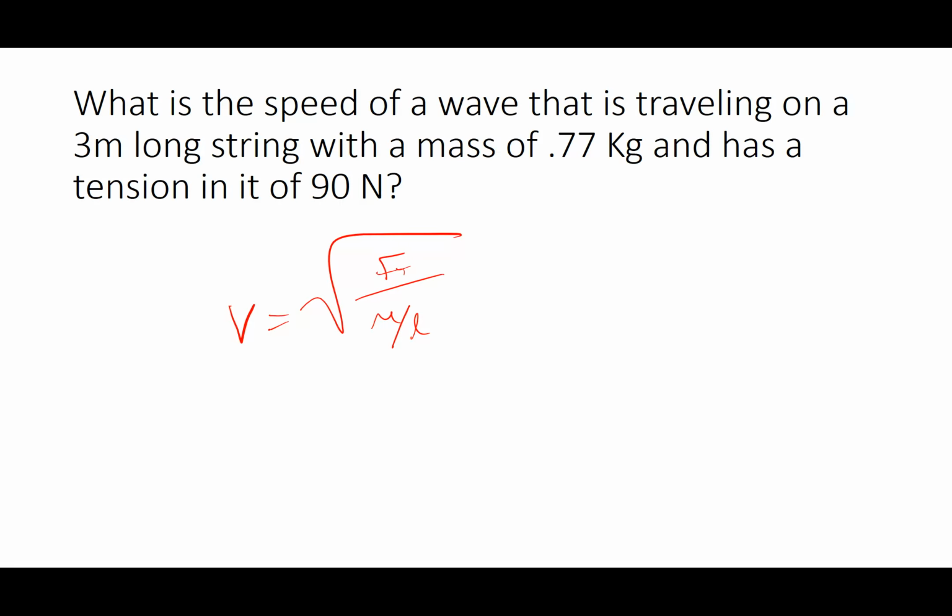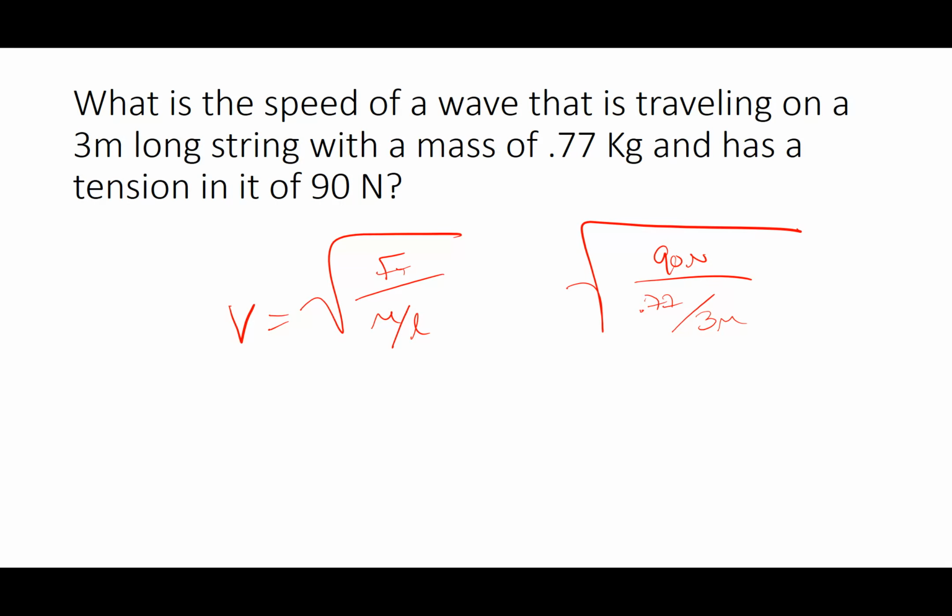There you go. What's the speed of the wave that's traveling on a 3-meter long string with a mass of 0.77 kilograms and has a tension of 90 newtons between both ends? So if I set up my problem, 90 newtons divided by a mass of 0.77 kilograms over 3 meters long, all under the radical.